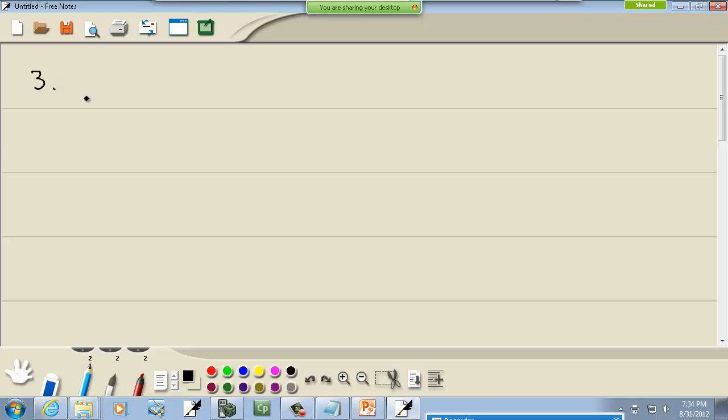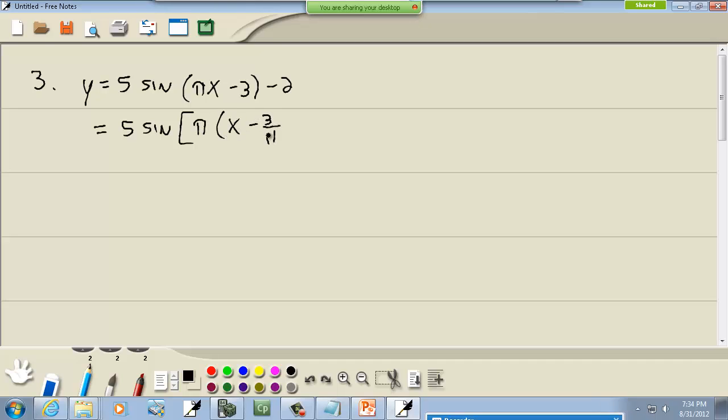So we got y is equal to 5 sine of pi x minus 3 minus 2. Now again, before we determine anything, we want to factor out the number that's in front of our x, which is pi, and that'll leave us x minus 3 over pi.